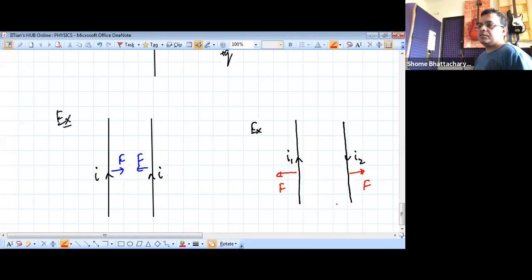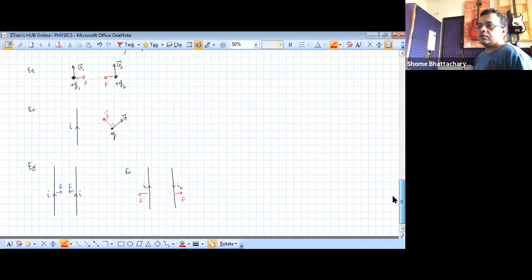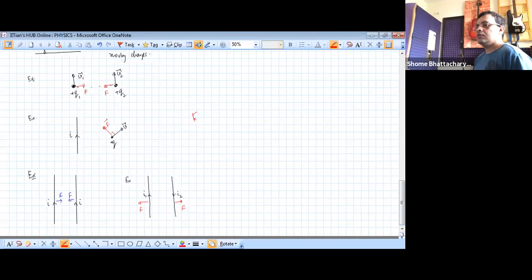They experience a repulsion force. All these forces are magnetic forces. All these are examples of magnetic forces between moving charges.